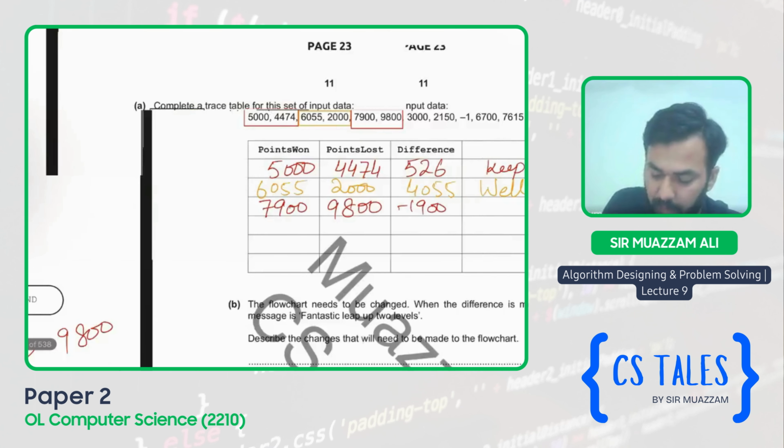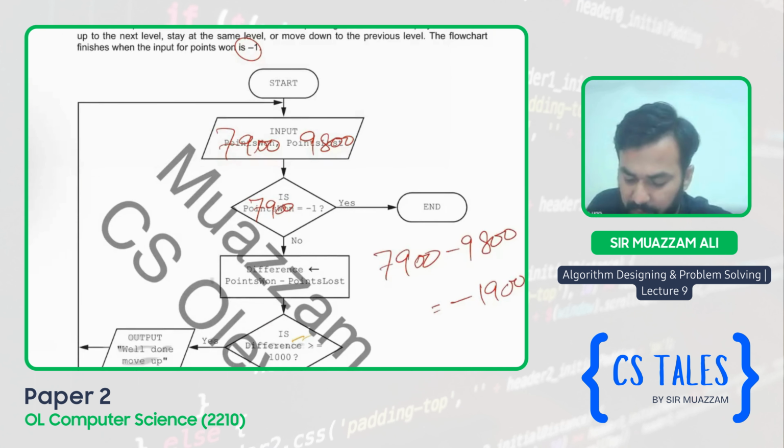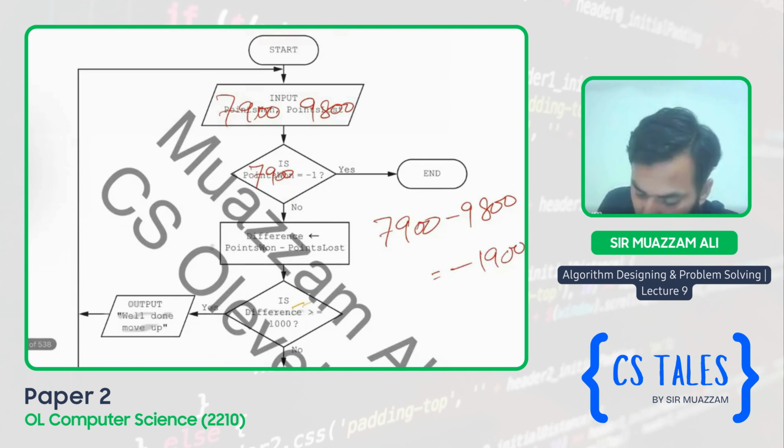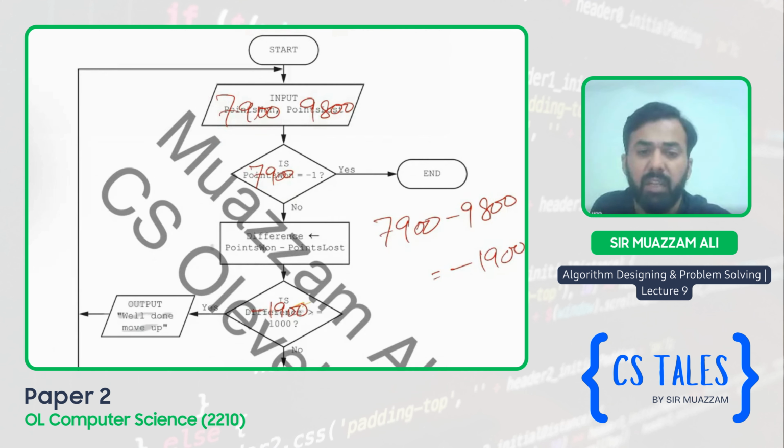Is minus 1,900 greater than or equal to 1,000?